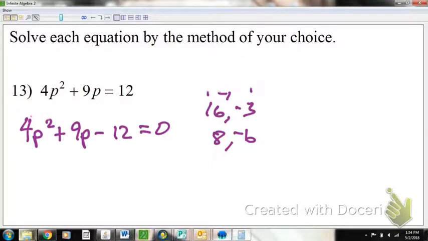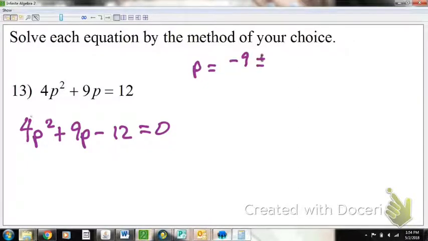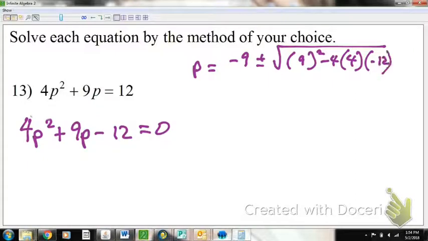I've tried enough to abandon factoring, and we'll go to the quadratic formula. So p equals negative 9 plus or minus the square root of 9 squared minus 4 times negative 12, all divided by 2 times 4.